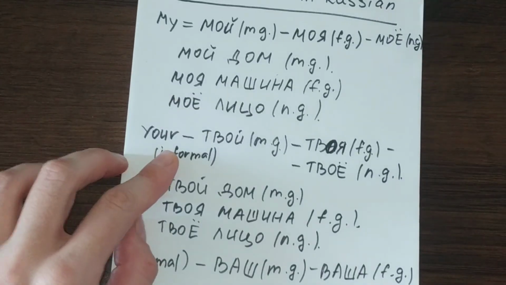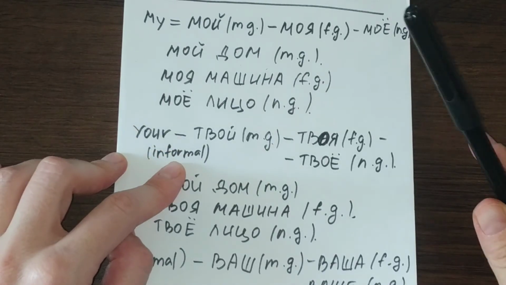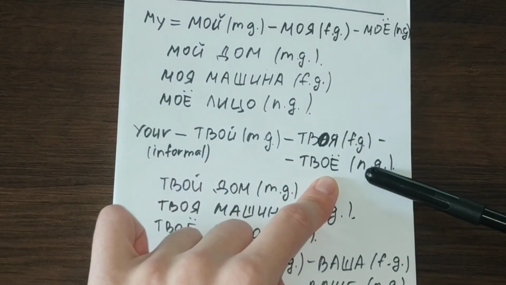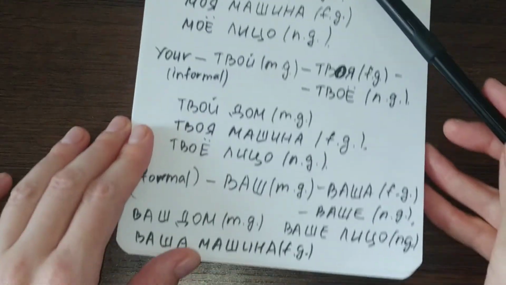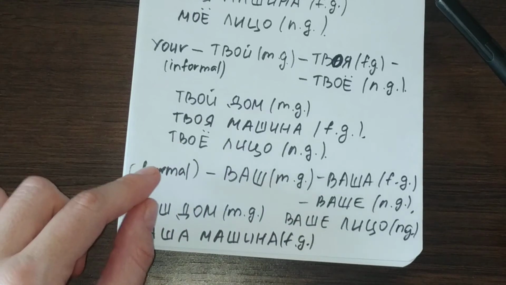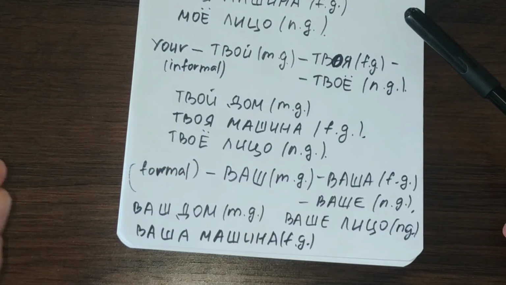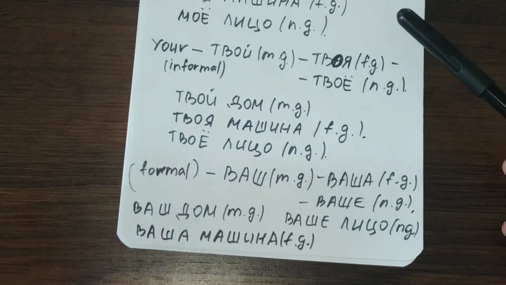And "your" in Russian can be translated in two ways. First, the informal: твой, твоя, твоё. And the second, the formal: ваш, ваша, ваше. It is also both the formal and informal way of addressing two or more people.